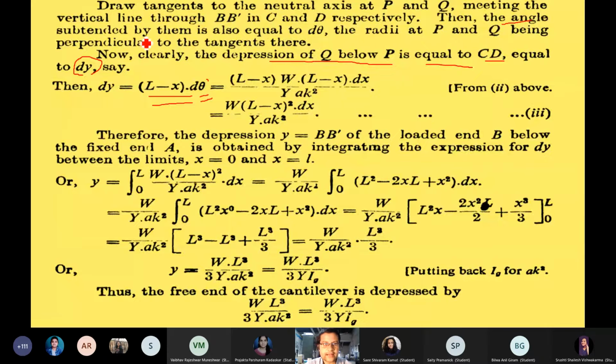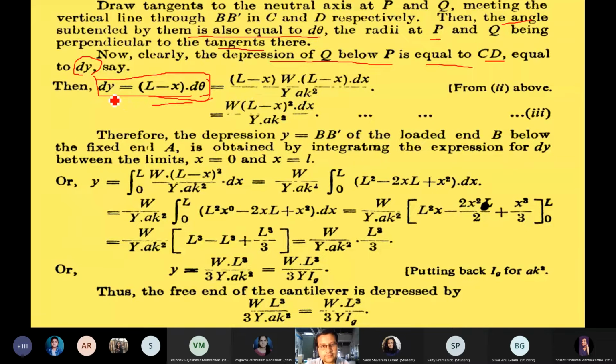Because the angle subtended is equal to d theta, and the radii are P and Q already, but these are the tangents we drew. Basically these positions P and Q are perpendicular to it. Therefore, dy we can write as L minus x into d theta. Hope you understand this mathematical part.